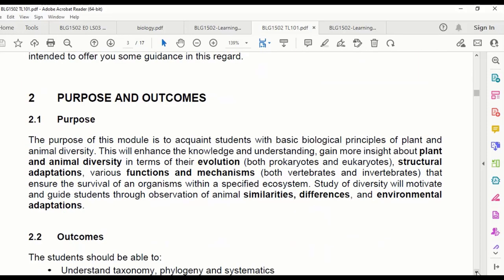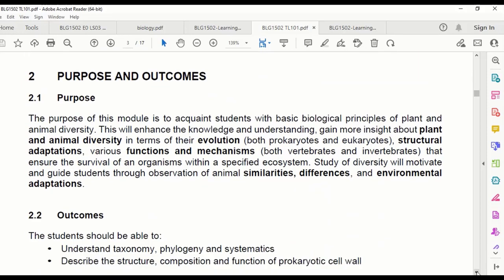So the purpose of this module is to make sure that you students have the idea of the principles of plant and animal diversity, not biodiversity, because diversity is a combination of the structure of a whole relationship or all the ecosystems within the environment.